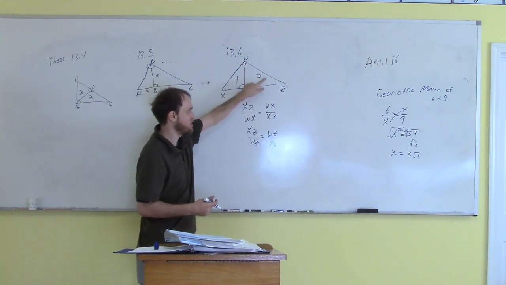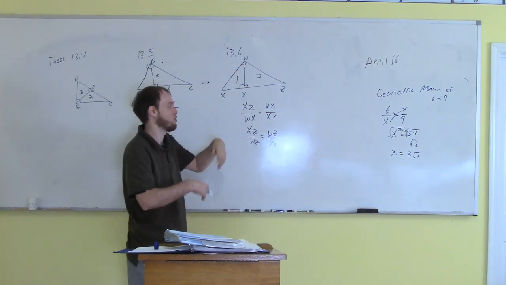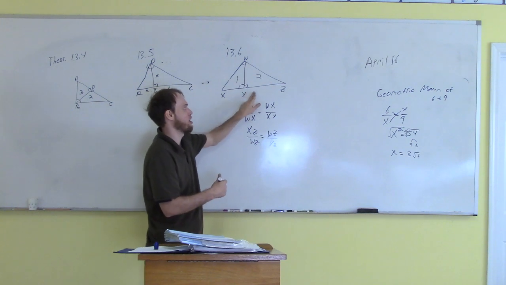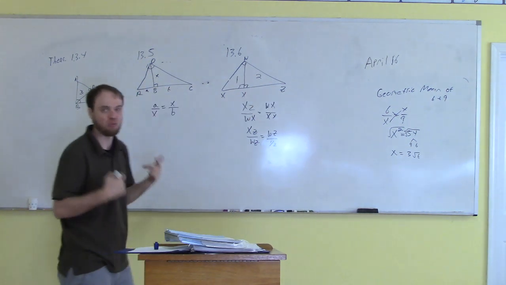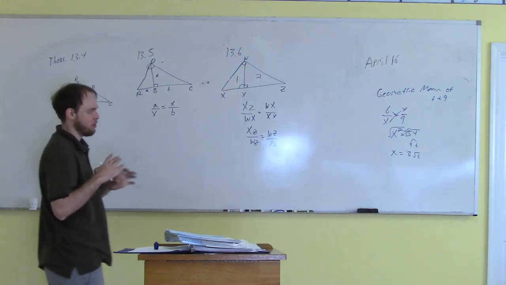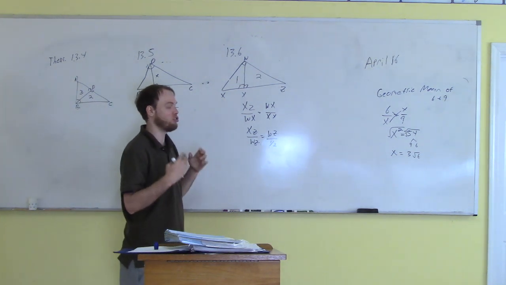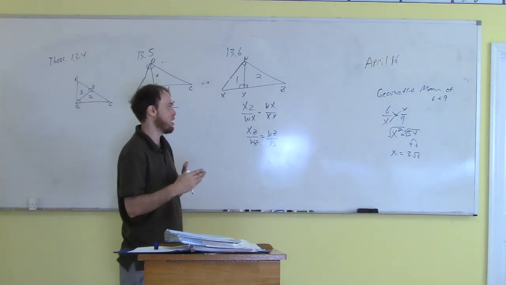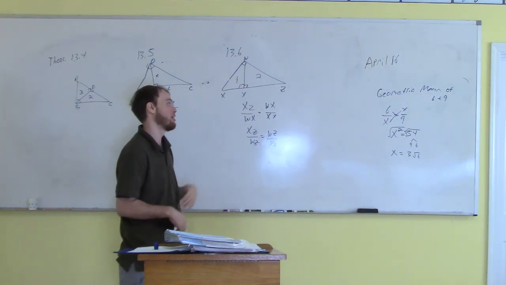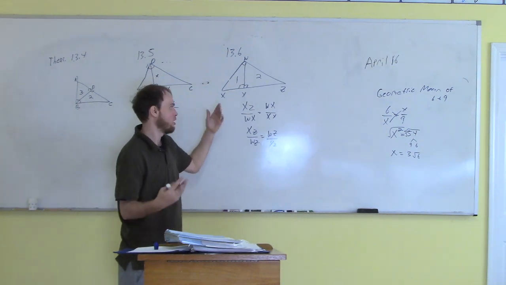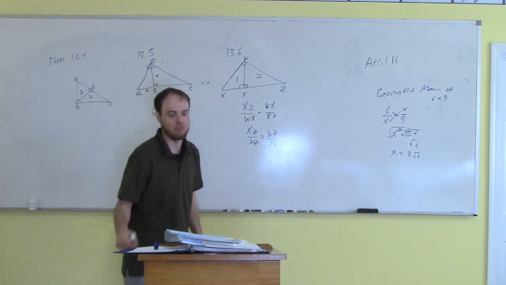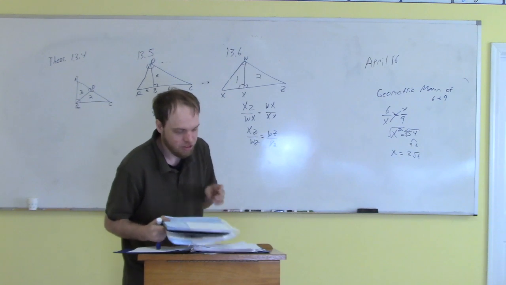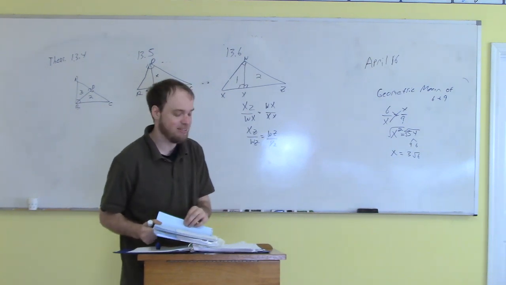So wz, the leg now of the big triangle, over the leg of the small triangle, yz. And so again, once you see it, you should start to get a little bit more familiar with it. So you're just using the hypotenuse and the leg, depending on where it is. And it works because, of course, these are all going to be similar. So that is theorem 13.6.